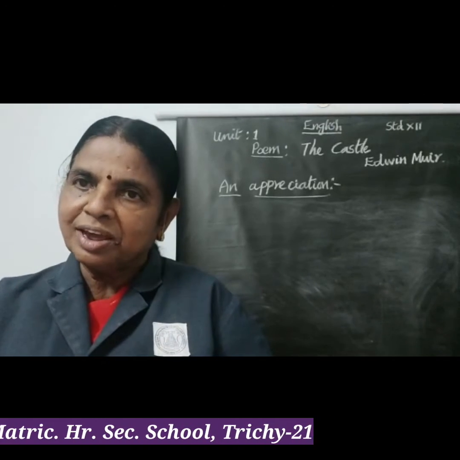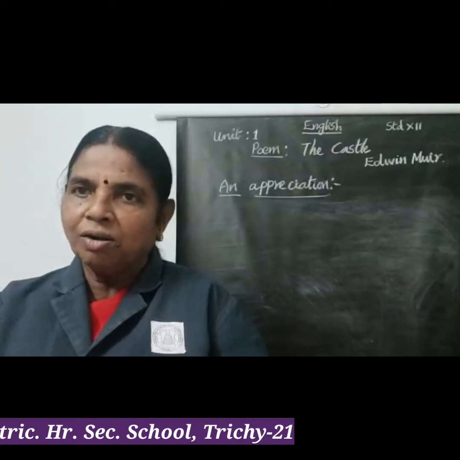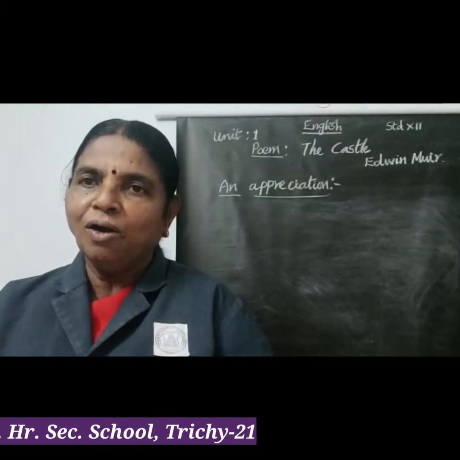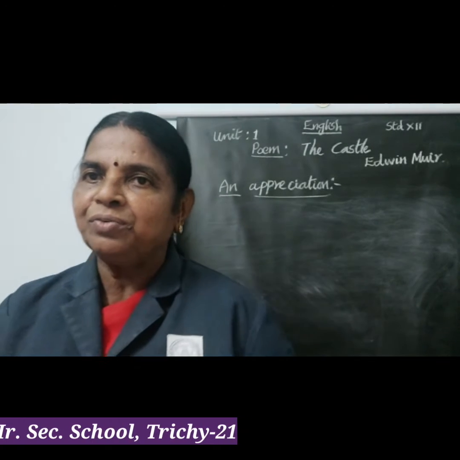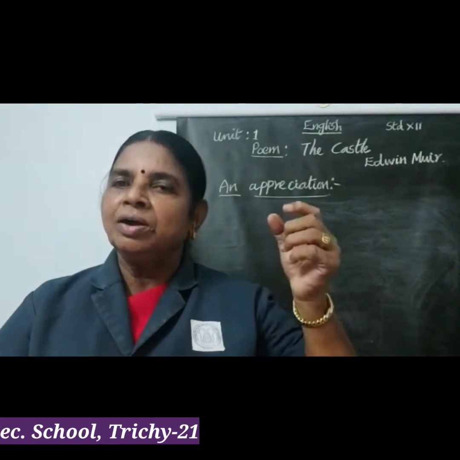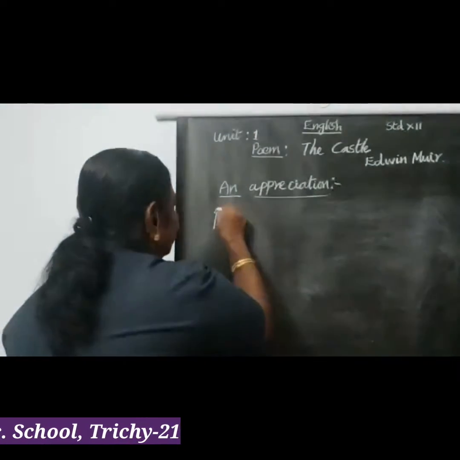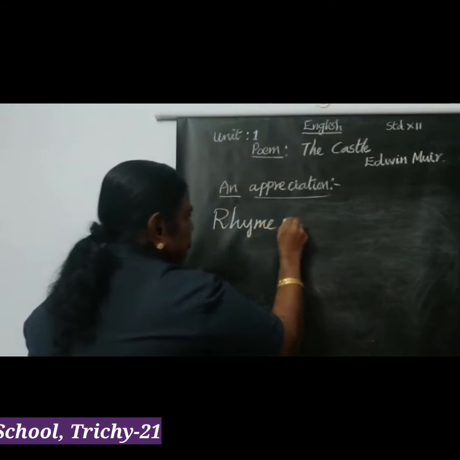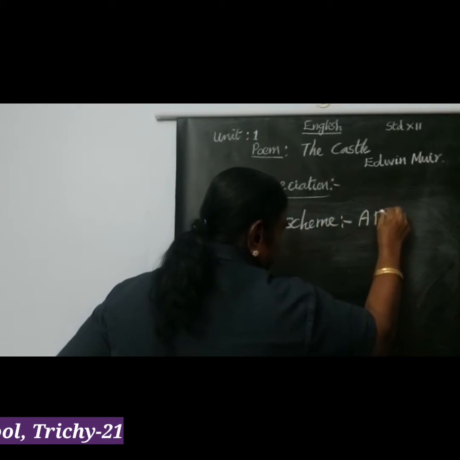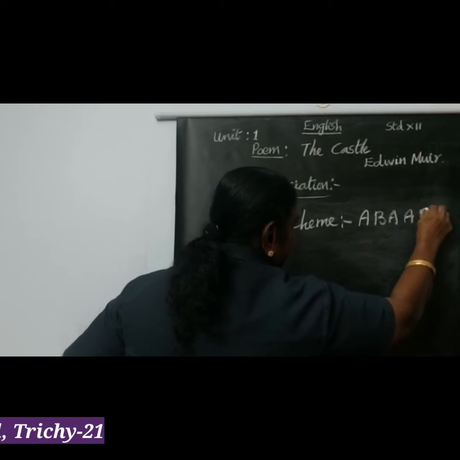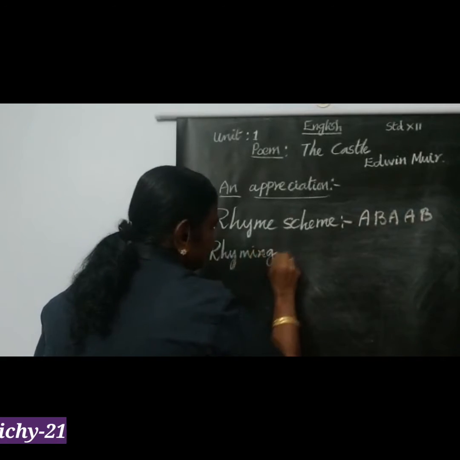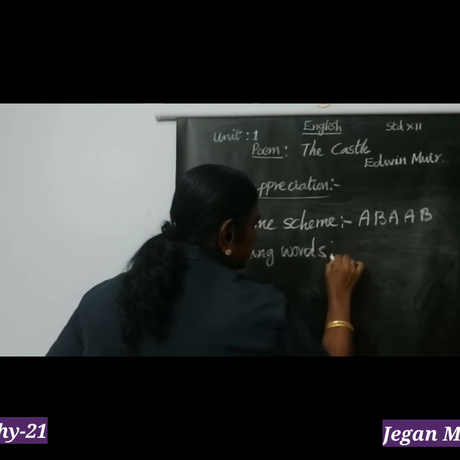And just rhyme scheme: lay, A, and wall, B, hay, A, away, A, all, B. So now we can come to a conclusion saying that this poem consists of rhyme scheme A, B, A, B. And rhyming words, you just find the same way based on that.